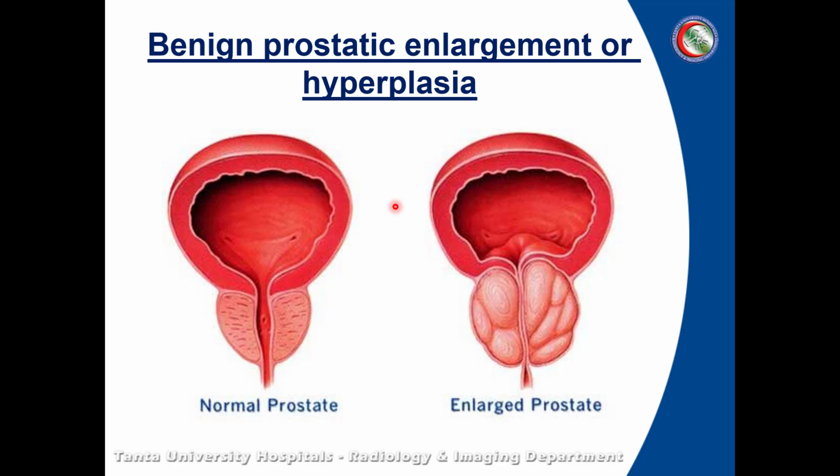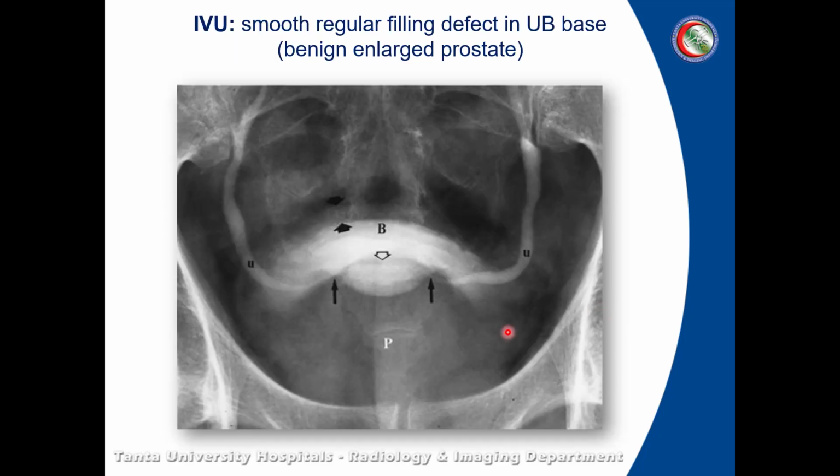The prostatic lesion may be prostatic hyperplasia or enlargement, or prostatic cancer. Benign prostatic hyperplasia causes, in the bladder base, a benign, smooth, regular elevation with a regular-shaped filling defect, like in this image. This is IVU.